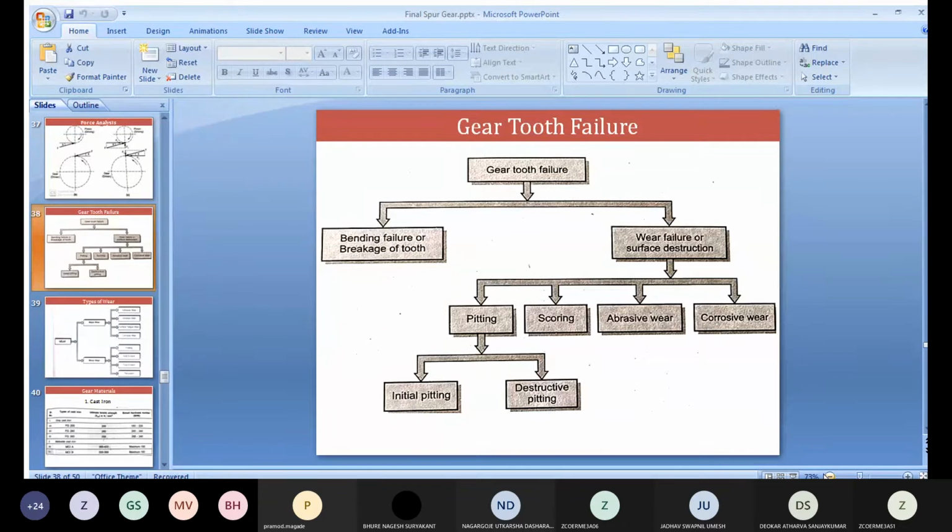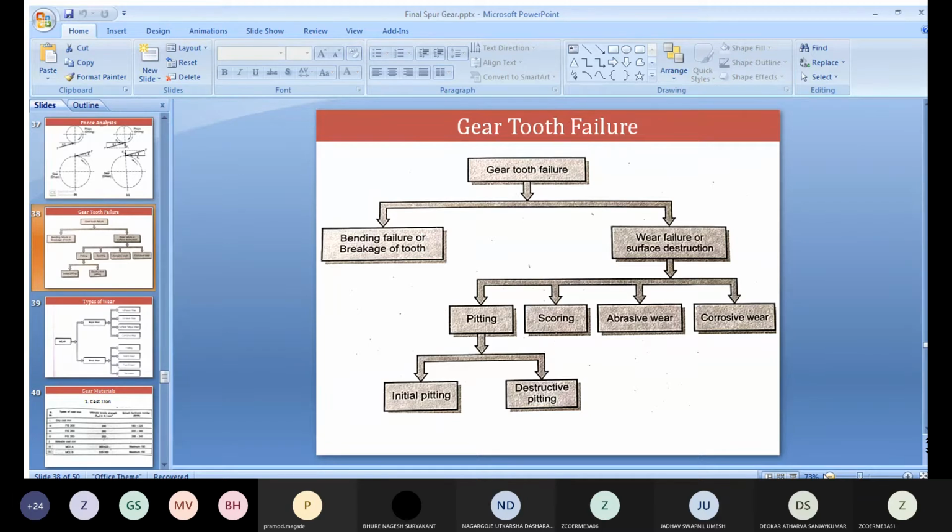removes the protective layer between the gear pair, correct, and corrosion will occur. How can it be removed? Again, by using proper lubrication, correct.